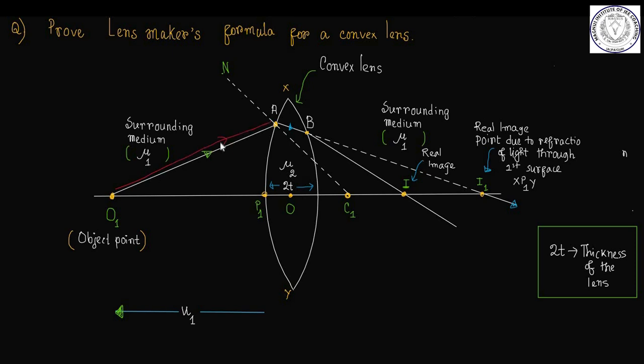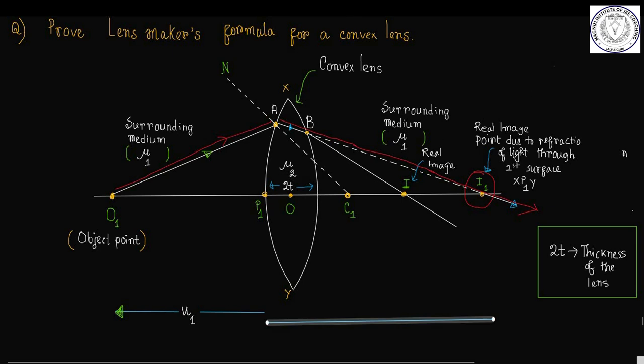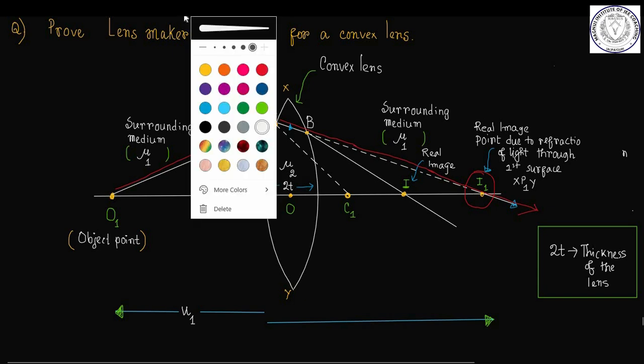In this case, the incident ray is traveling along OA, and the refracted ray will be traveling along BI1, and I1 will be the real image point due to refraction of light through the first refracting surface. Now we can denote the real image distance.